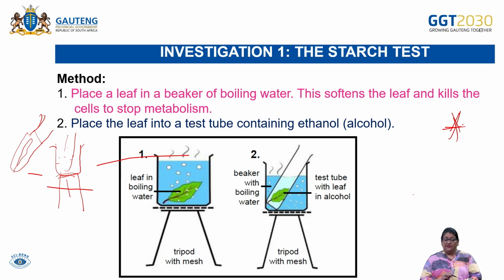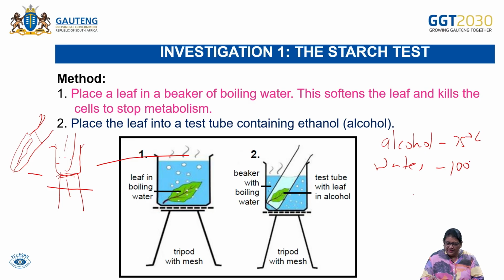Now, what you need to know, learners, is that ethanol or alcohol boils faster than water. Alcohol or ethanol boils at 75 degrees Celsius, whereas water boils at 100 degrees Celsius. So when this water is boiling, you also need to put a thermometer into this beaker.